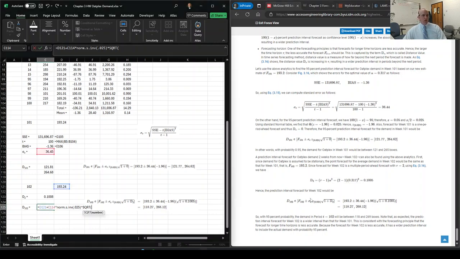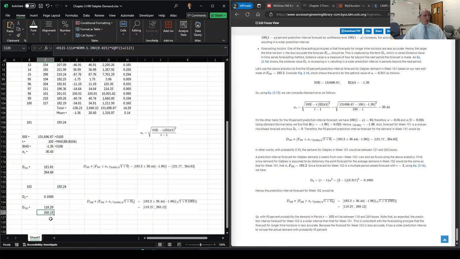So we're going to do the square root of 1 plus that D2, close the square root, and that should give us the 118.29, which is very close to the 118.27 as the lower boundary. And we're going to do the very similar calculation here, except instead of adding, we're going to subtract.